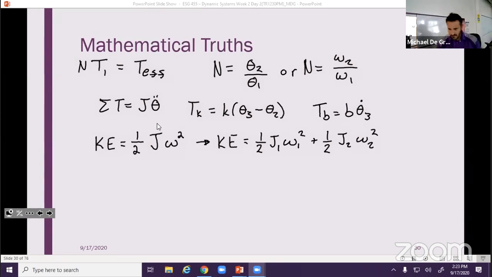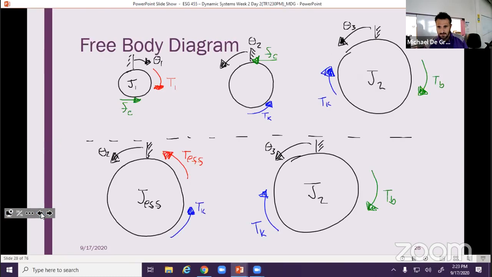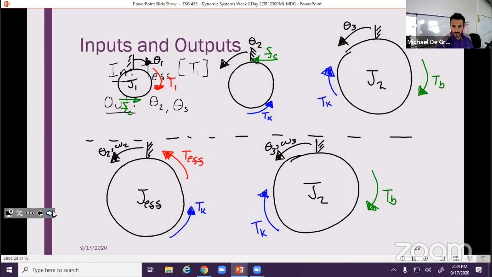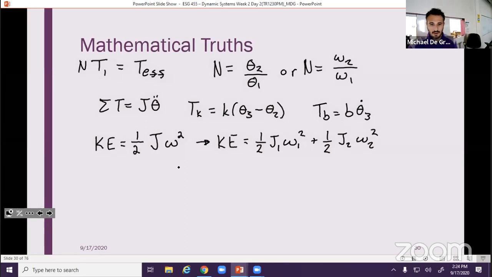If I look back at my free body diagram, I said that this is in terms of theta 2, which means that this also has to be in terms of omega 2. So I need to convert omega 1 to omega 2. Well, how do I do that?